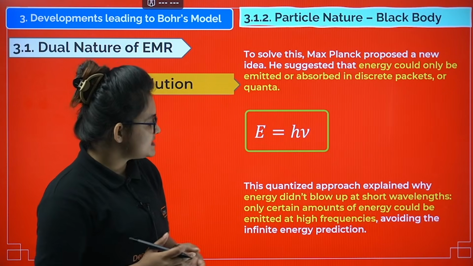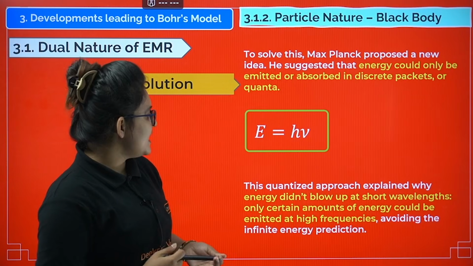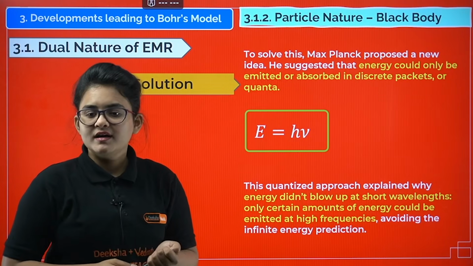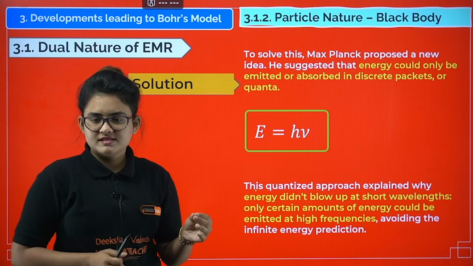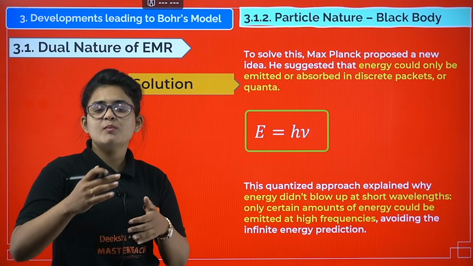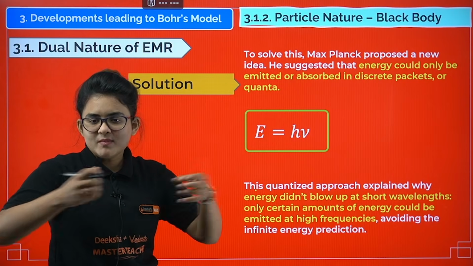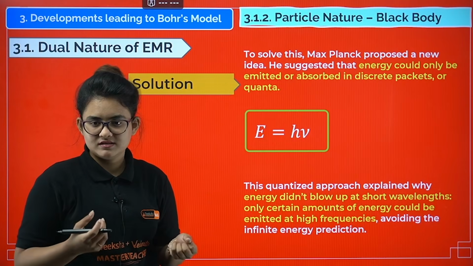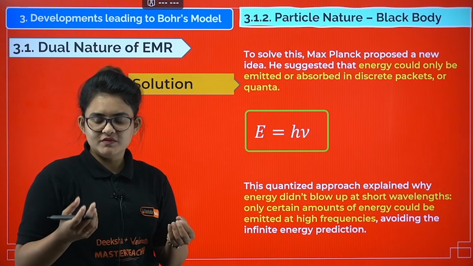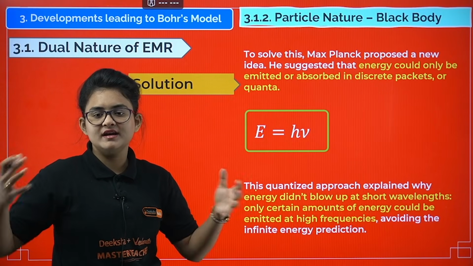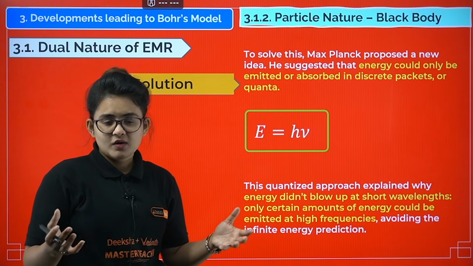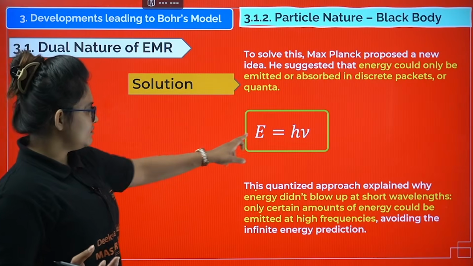This quantized approach explained why energy did not blow up at short wavelengths, and only certain amounts of energy could be emitted at high frequency. That avoids the infinite energy prediction. Let's go ahead. You have to remember this formula.